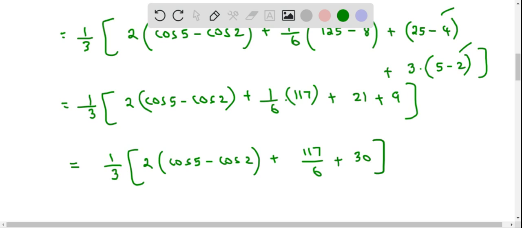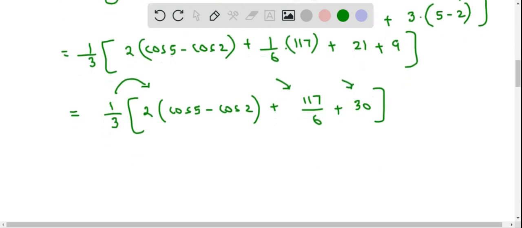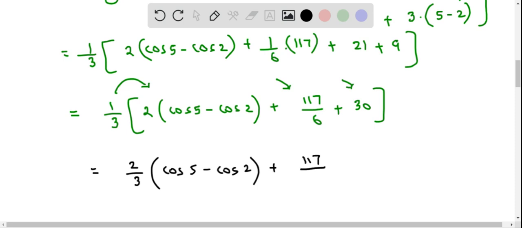Or otherwise, distributing this 1 by 3 into the terms inside the bracket, we get 2/3 of cosine 5 minus cosine 2 plus 117 divided by 3 times 6 is 18, plus 1/3 of 30 is 10.